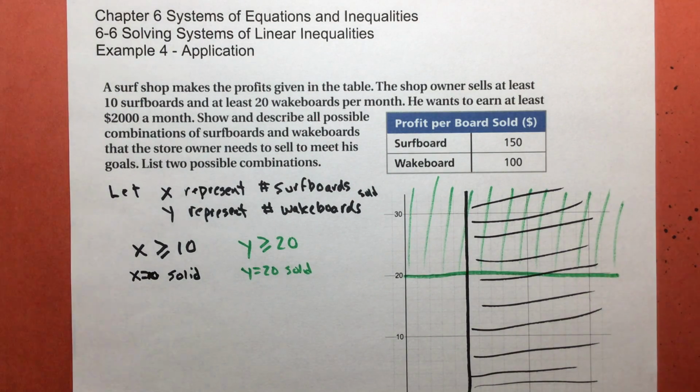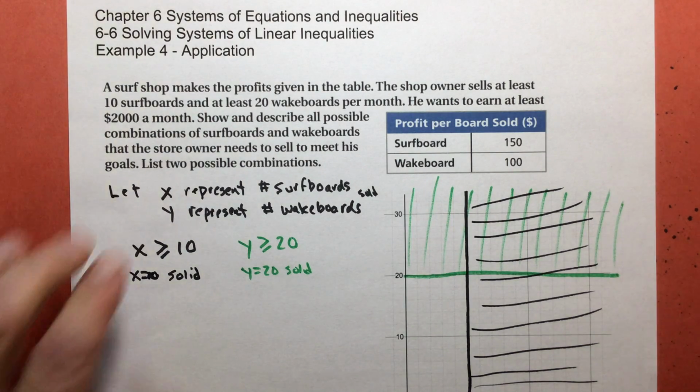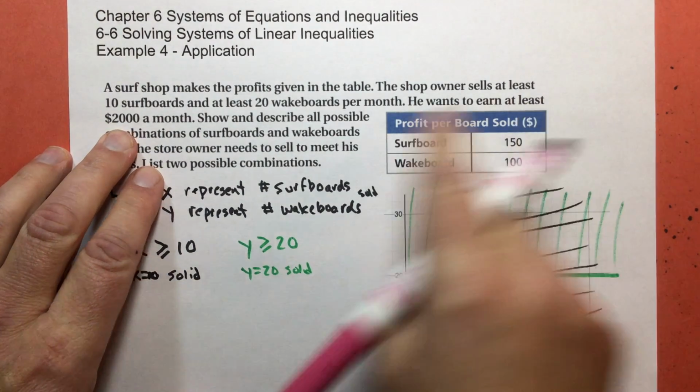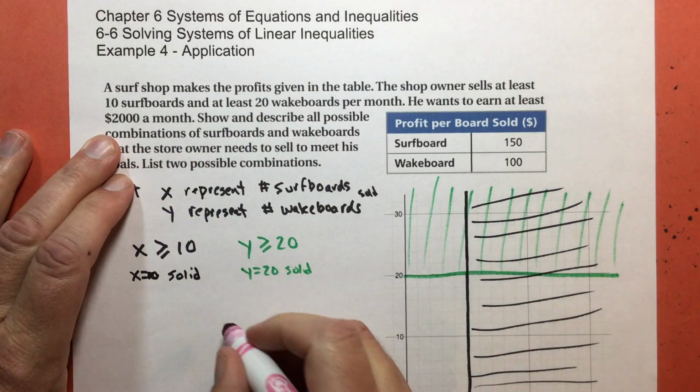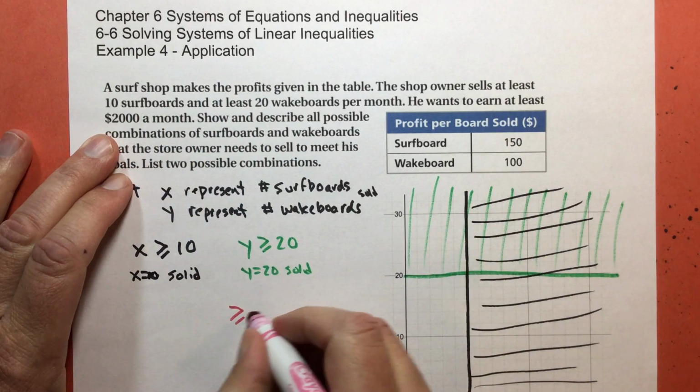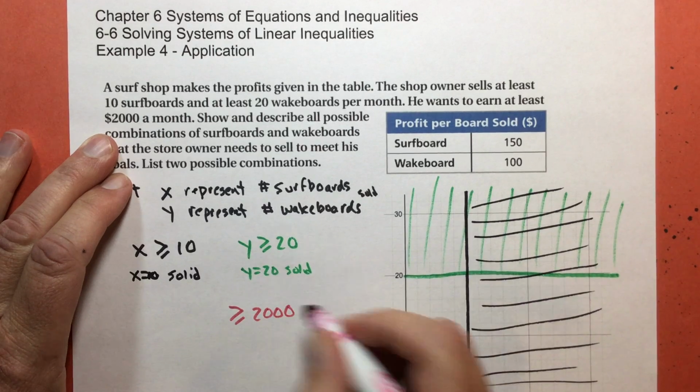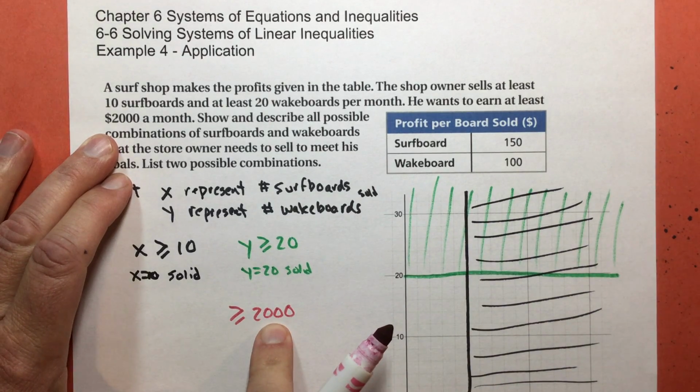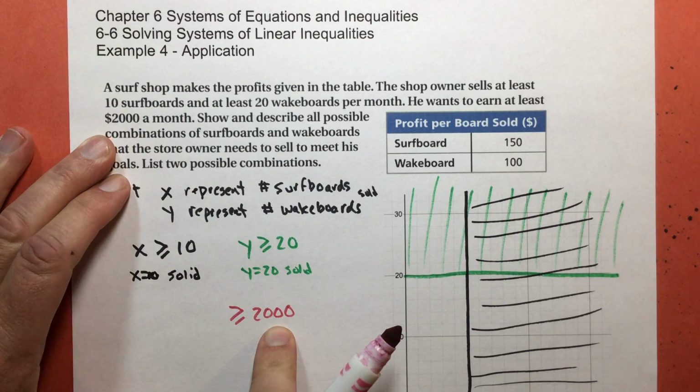Now the last part, this is where it gets a little complicated. They want to make at least $2,000 a month, so that's going to be more than or equal to 2,000. I want $2,000 at the smallest amount. More than 2,000 is great, but how do I figure out how much profit you're going to make?